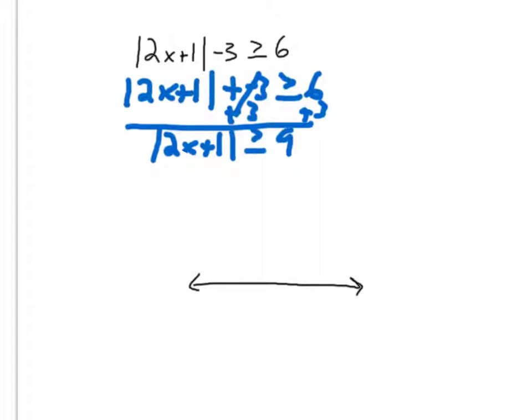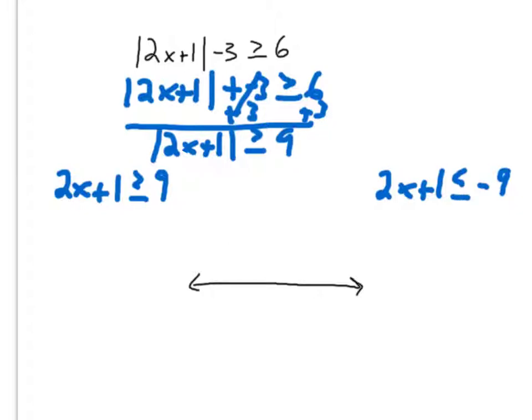Okay, now we're going to take the absolute value expression and compare it to positive 9, and because we didn't change the 9, we're going to keep the inequality sign the same. And then over here, we're going to compare it to negative 9 because we're doing the opposite of this number. My sign needs to be the opposite and reverse itself.